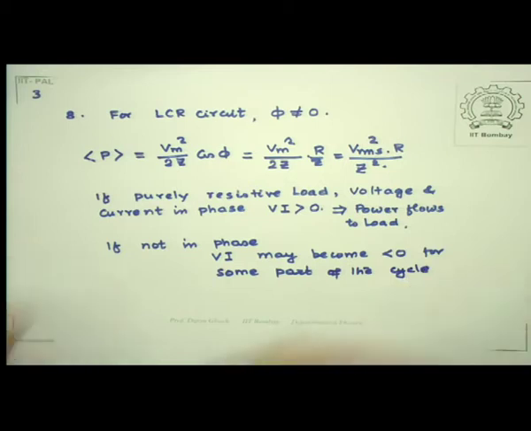What does it imply? Instead of the circuit drawing power from the source, the power flows back from the circuit to the source. Let us recall the time variation of voltage and the current under different conditions.